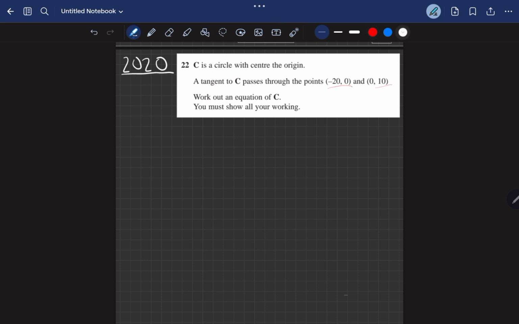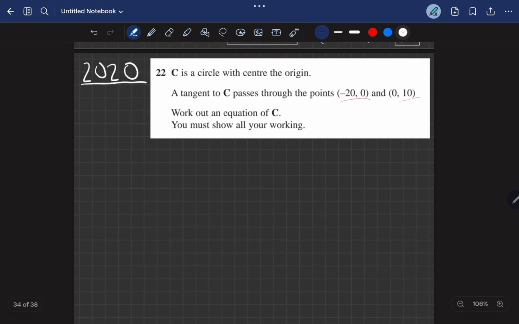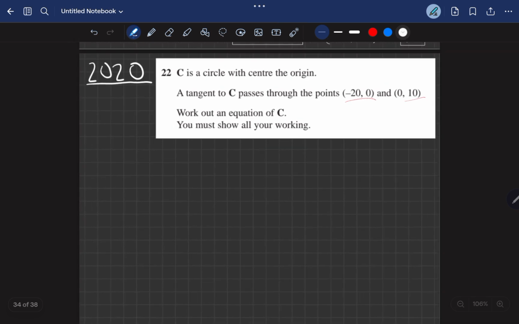Okay, so let's just draw a diagram first. This is the first thing that we have to do for this kind of question. I'll draw my axes. Center origin. A tangent to C passes through the points (-20, 0) and (0, 10).